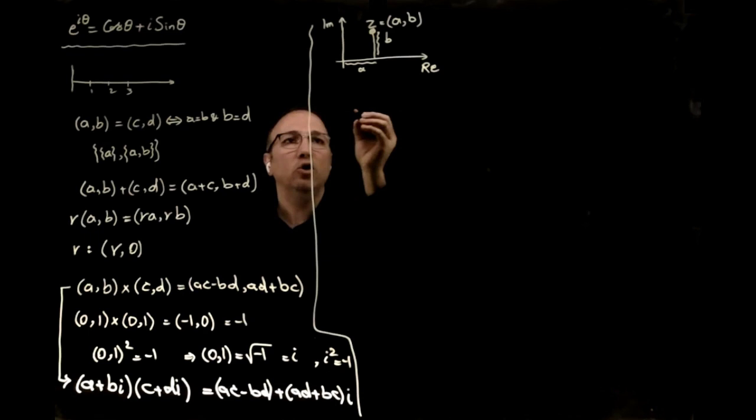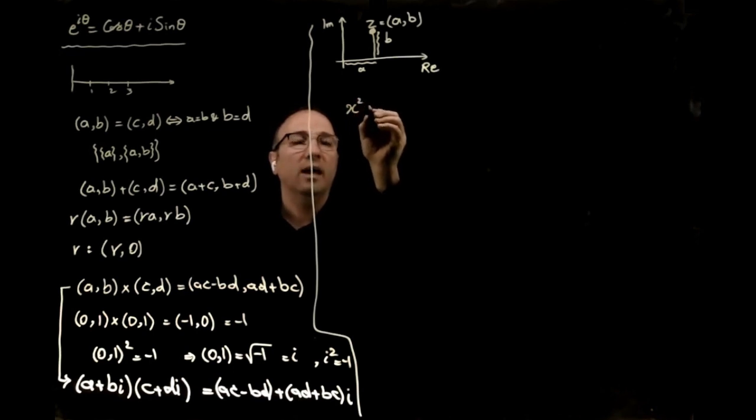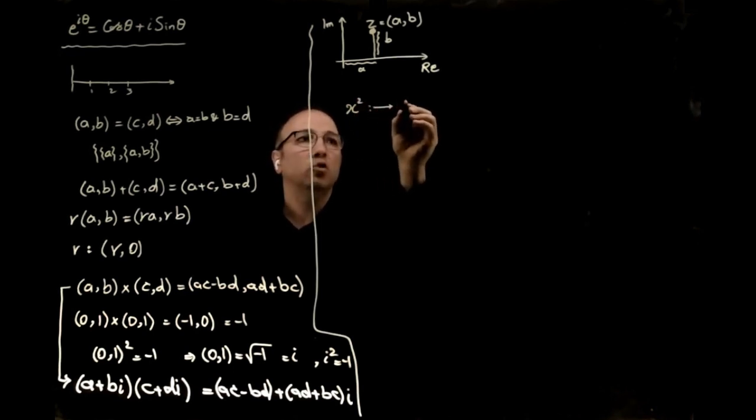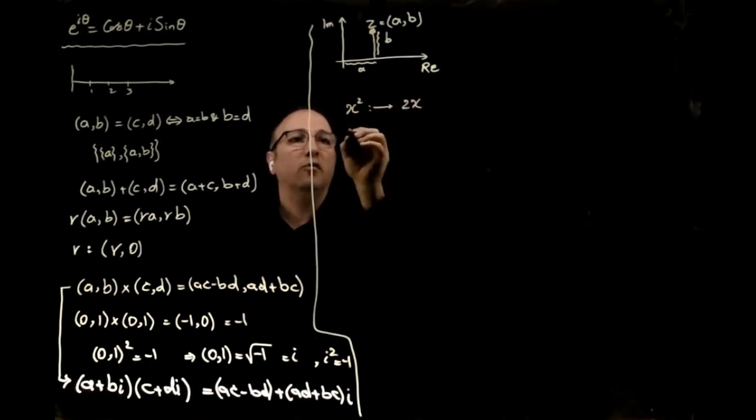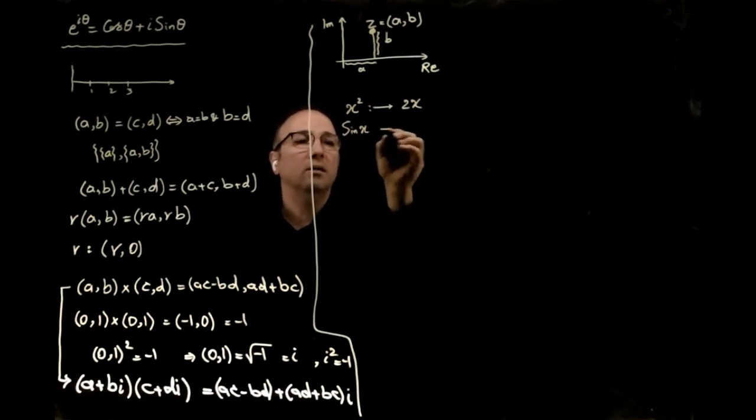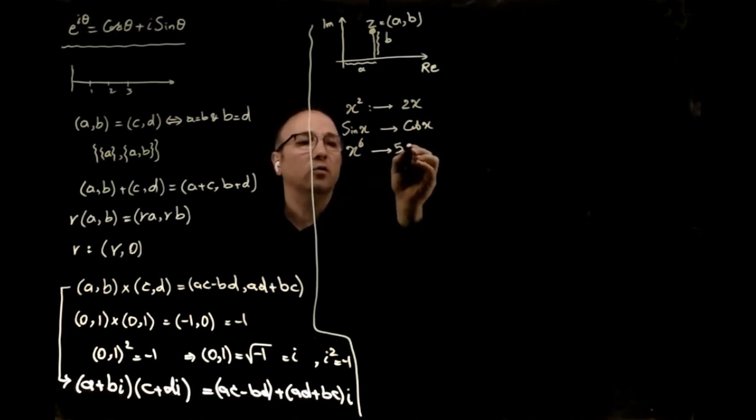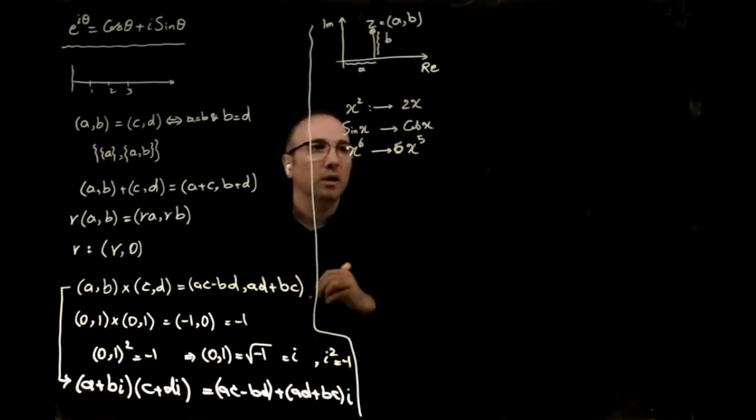Let's say you know that the derivative was of interest for a lot of applications. For example, the derivative of x squared would be 2x, right? And for example, the derivative of sine of x would be cosine of x, right? Or x to the power of 6 would give 6x to the power of 5, right?